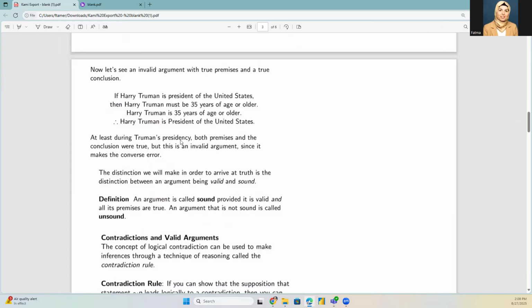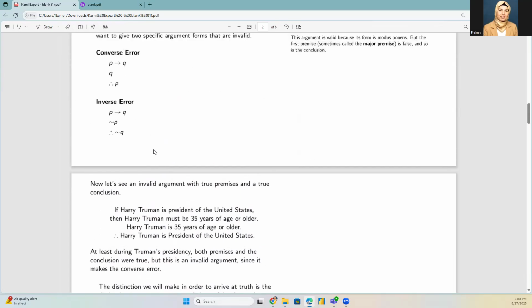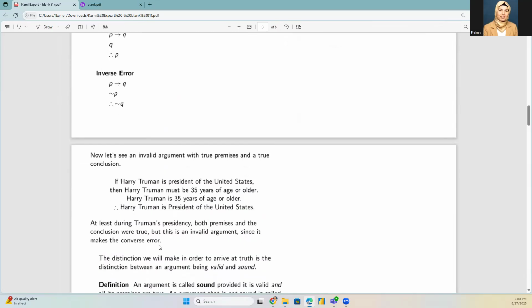At least during his presidency, both premises and the conclusion were true, but this is an invalid argument because it makes the converse error. If you look at the converse error, we have if P then Q, we've got the Q, therefore P. When you repeat this, this is called the converse error.